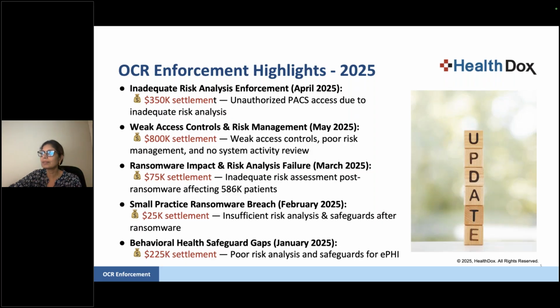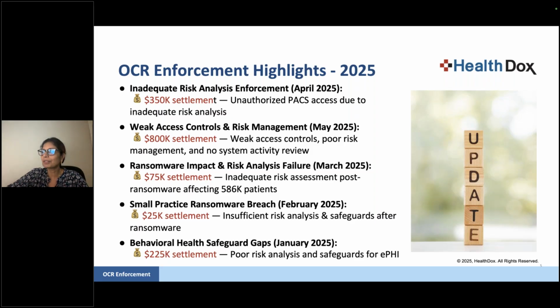All these cases highlight an urgent need for stronger risk management, access enforcement, and ransomware preparedness. In our daily life also, we see constant ransomware attacks through text messages and email especially. Our organizations also send out fake emails to see if we are falling prey to those spam messages.